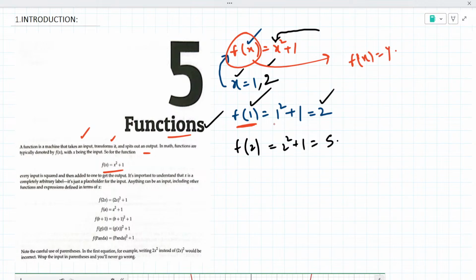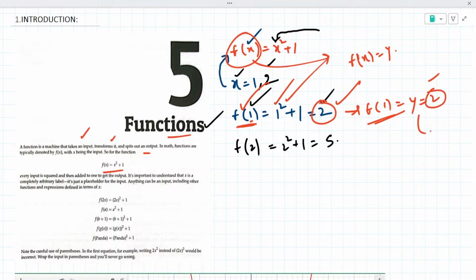So if you input x equals 1, you are getting y value as 2. This is f of 1 is 2. f of 1 is 2 means that is the y value. If x equals 1, y equals 2, like 1 comma 2. If x equals 2, y equals 5. Hope you are getting it.